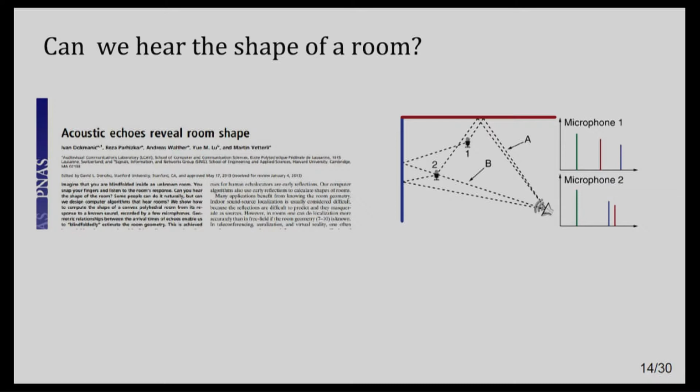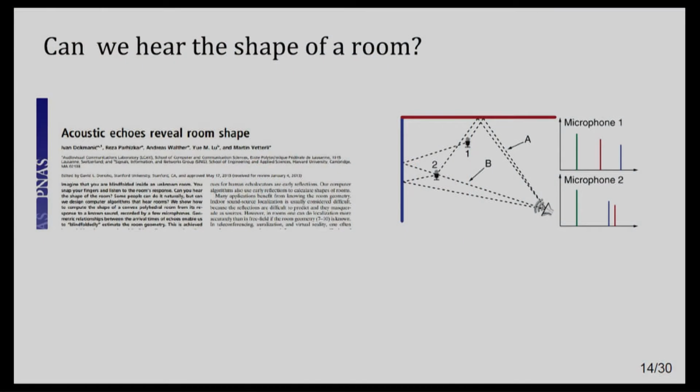And you can use what is called a virtual sound source model, where each speaker also has a virtual source, which is simply the reflection along the wall. And then what you will hear is both the direct path and the path to this virtual source.